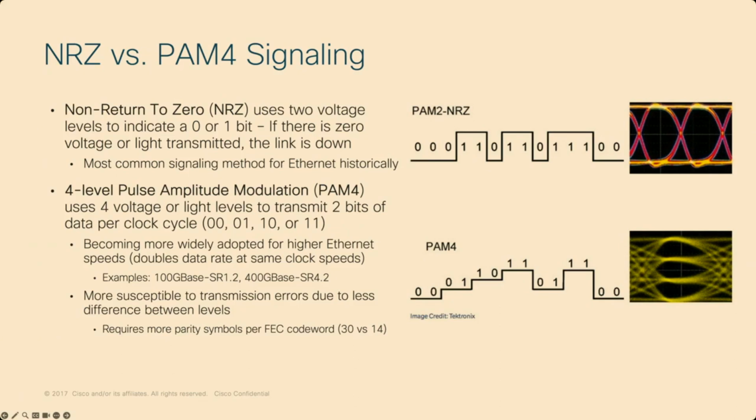So whenever I'm working with a signaling standard that uses PAM4, that means my FEC code word is going to have 30 parity symbols. It's not bits, it's actually 10 bits each. So it's actually going to be about 300 bits worth of parity instead of 140 bits worth of parity.